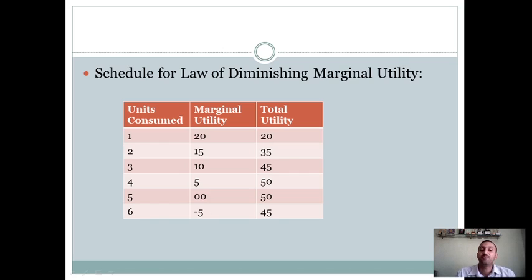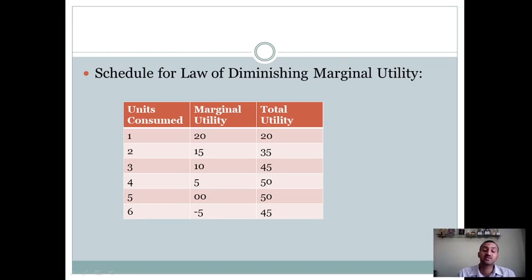The third apple, he got 10 utils as marginal utility, and total utility was 45. When he consumed the fourth apple, his utility was 5 and total utility was 50. When he consumed the fifth apple, there was no utility and total utility remained 50.